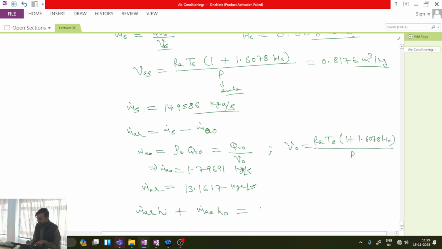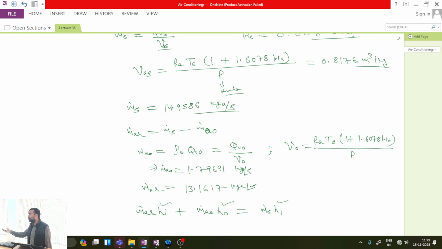H naught, and it becomes m dot S with state H1. Sorry, I have made a mistake. M dot S into H1, not HS, H1. You know H naught, HI and all the masses. Can you calculate H1? From H1 you can calculate T1 and W. Is this point clear? So this is how you can analytically calculate the state 1.